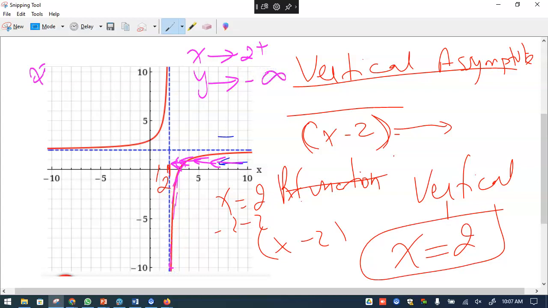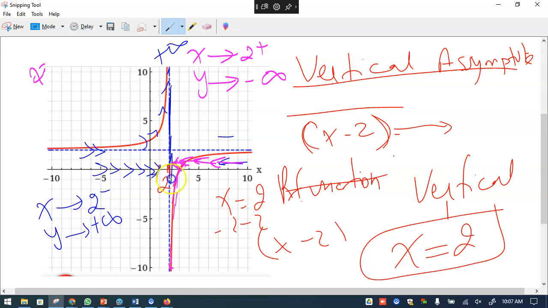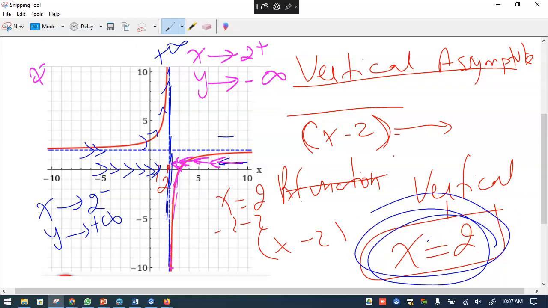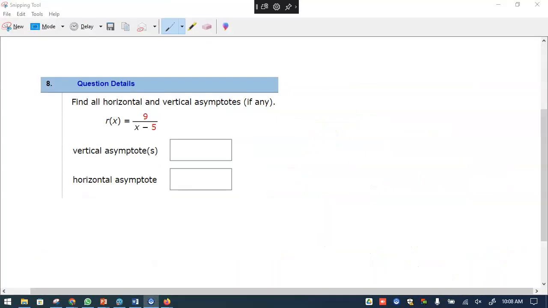And on the other side, if x approaches 2 from the left side, which is 2 minus, then we can say the y, the output, keeps on increasing, going up, to plus infinity. And that's why we say there is a vertical asymptote at x equals 2. Hope I made sense.